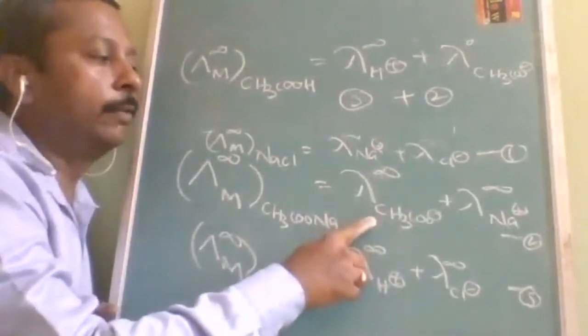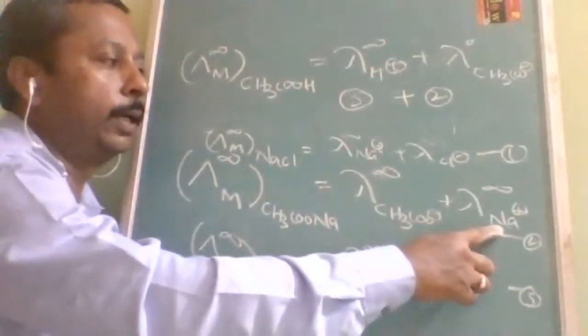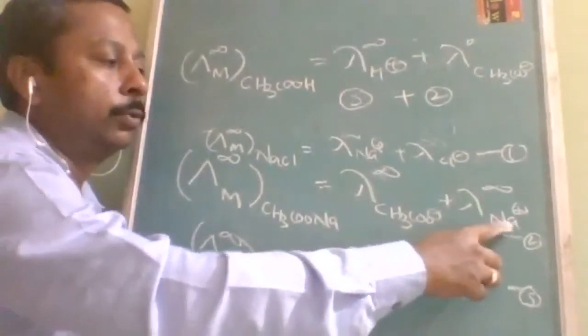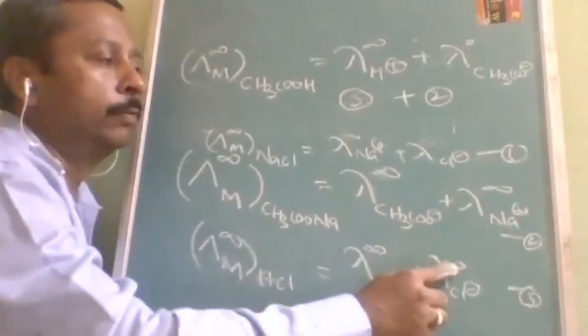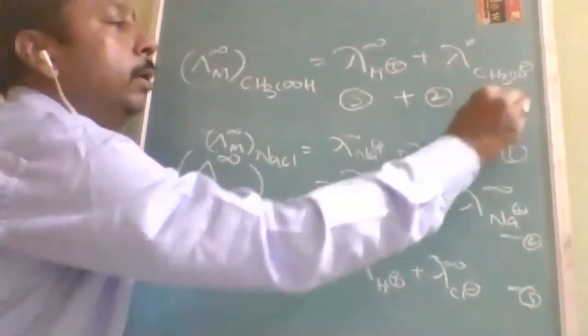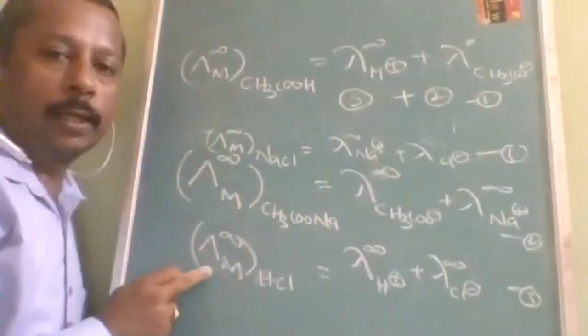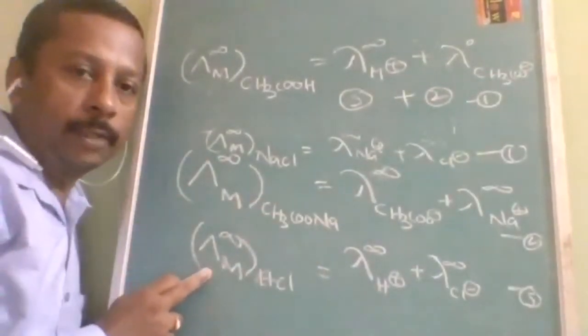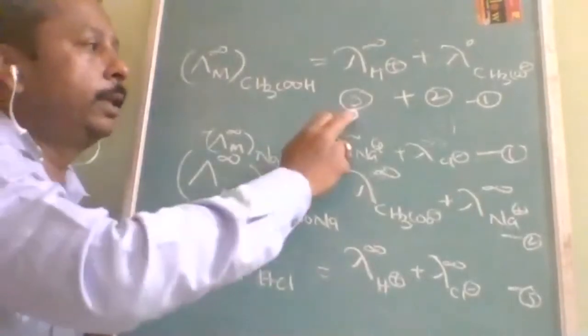If I use this, I am getting Na positive also along with it. So these two are not required. For this, I will subtract equation 1. These three values are graphically determined with the help of the graph and written here.